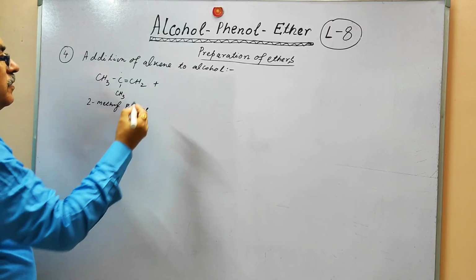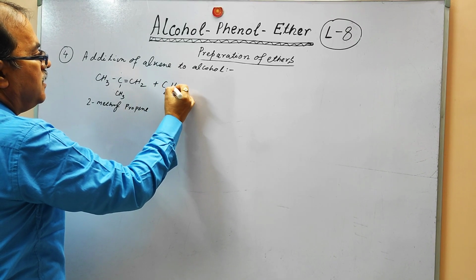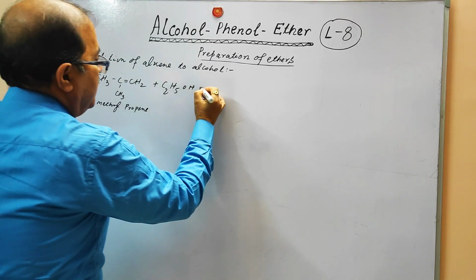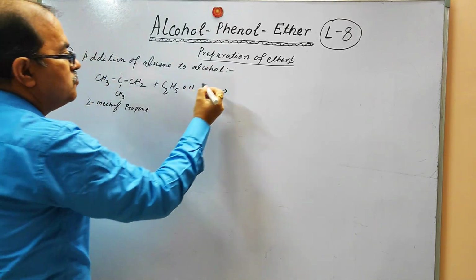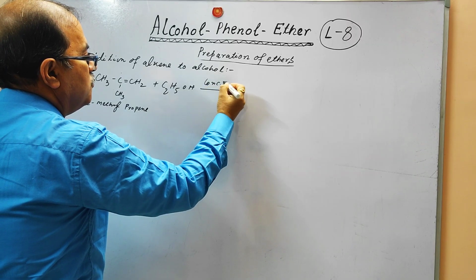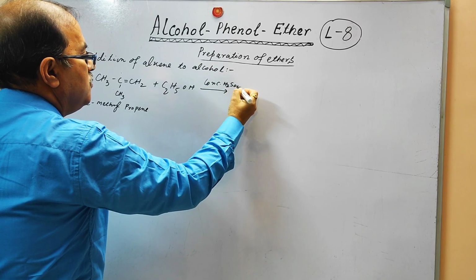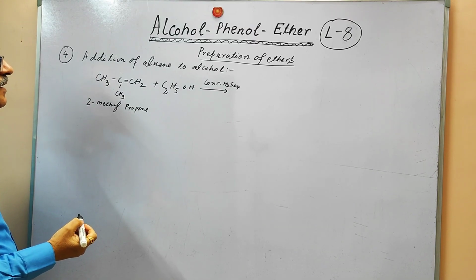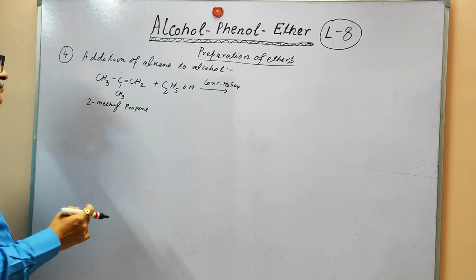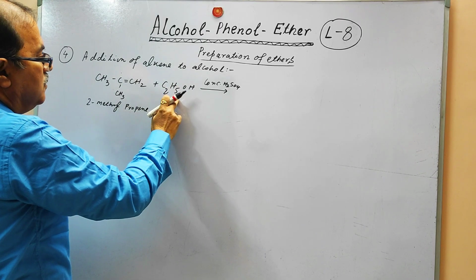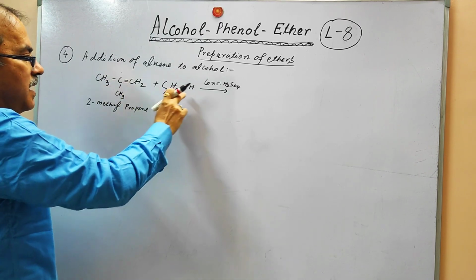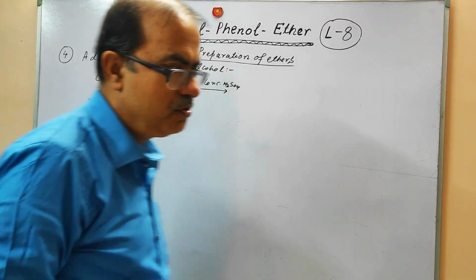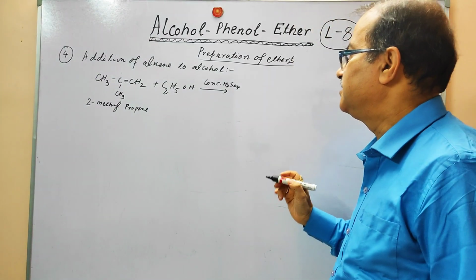When it will act with this ethyl alcohol, suppose this is the ethyl alcohol, in presence of concentrated H2SO4, it will produce the unsymmetric ether. There will be the addition of this ethoxy ion to this carbon atom and this H plus ion to this carbon atom, and that will produce these ethers.